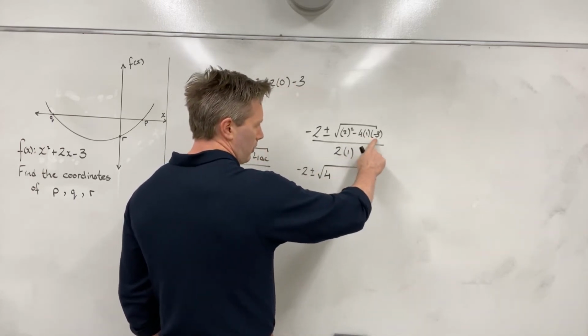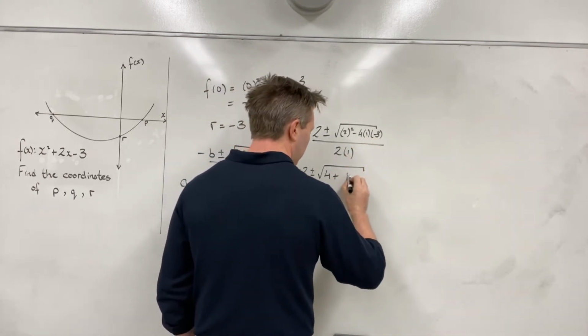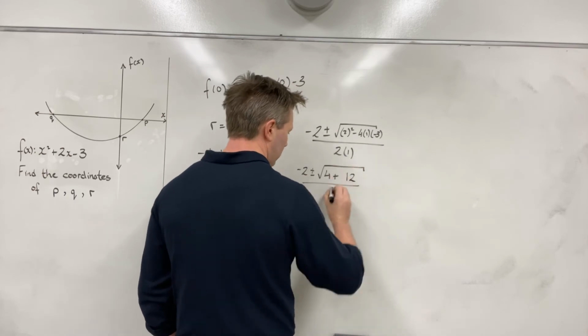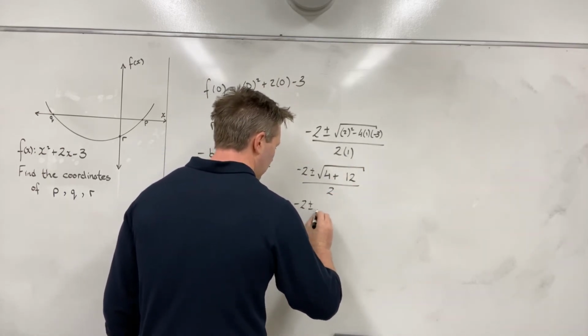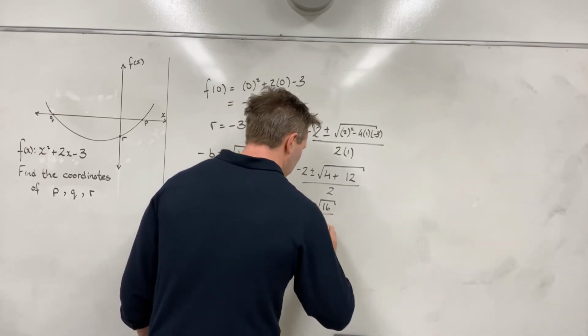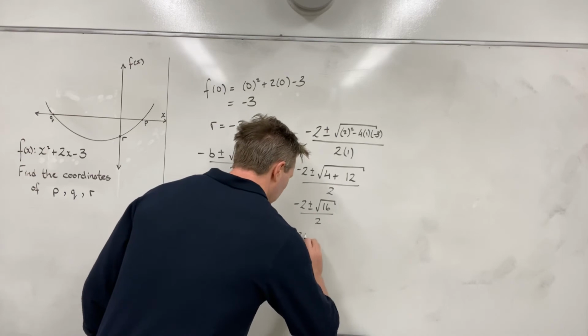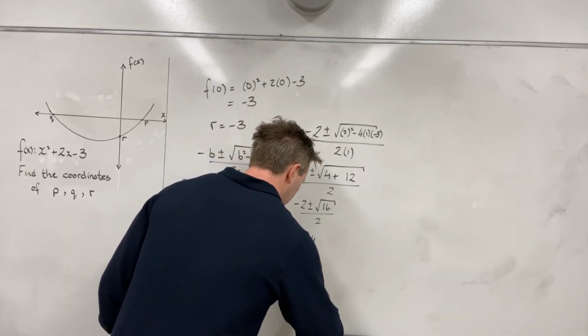I have a minus here and a minus here, so that will give me a plus. 4 times 3 is 12. All over 2. So I get minus 2 plus or minus the square root of 4 plus 12, which is 16, all over 2. And so that's minus 2 plus or minus the square root of 16, which is 4, all over 2.